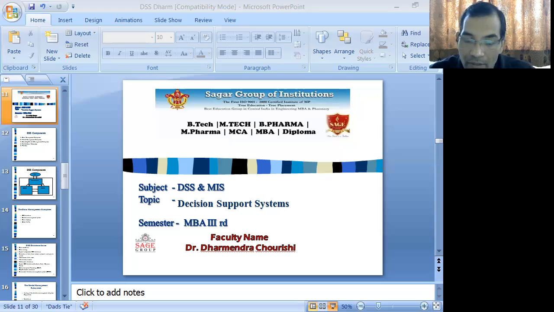So we can use these things for different activities, different work, but still there is no standard model given. So these models will be designed as per the requirement of the customer or user.